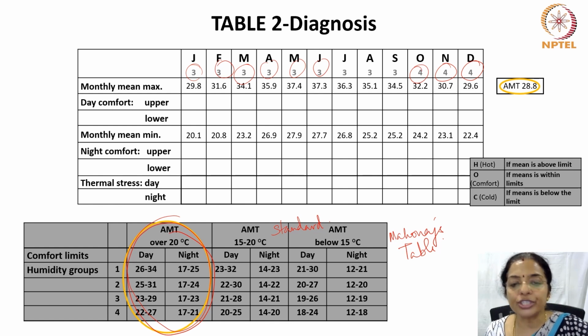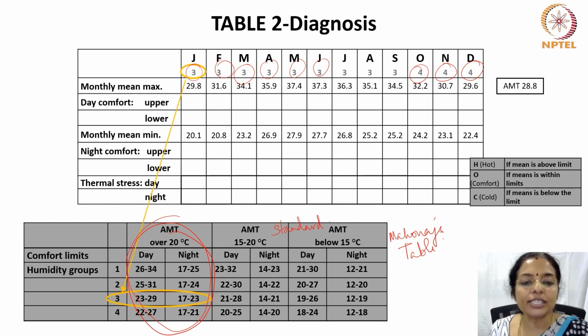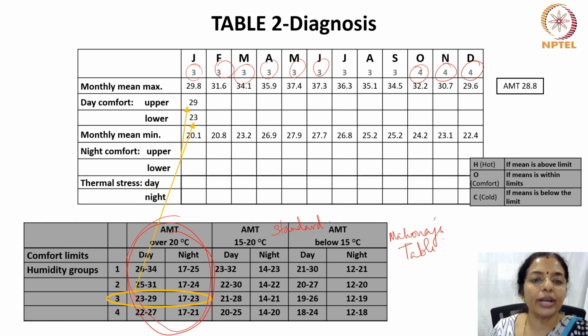So you check this and then you write the humidity group, and based on the combination of AMT and the humidity group, what you should do? You should enter the upper limit and lower limit.